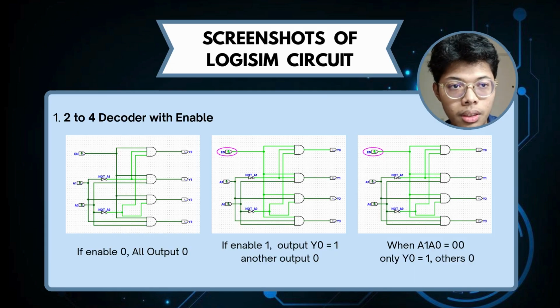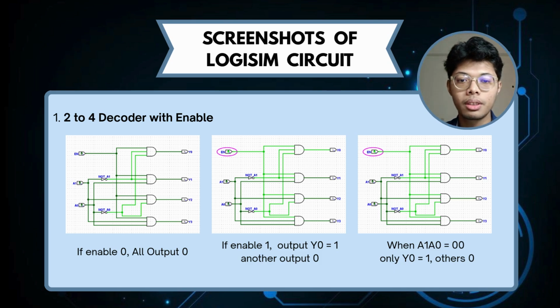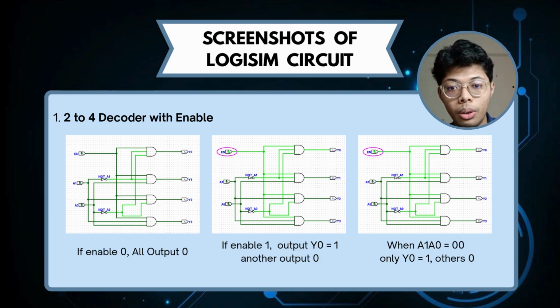Okay, next, the screenshots of the LogiSim circuit for the 2 to 4 decoder with enable. The first picture shows that if enable is 0, all outputs become 0.